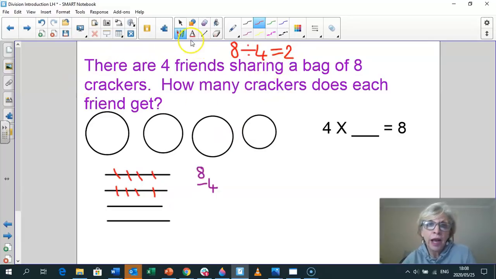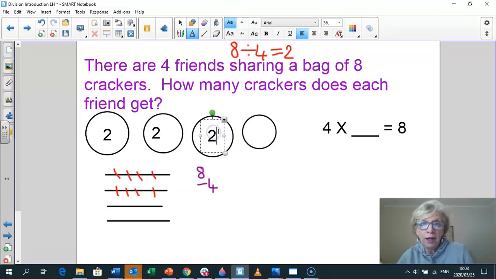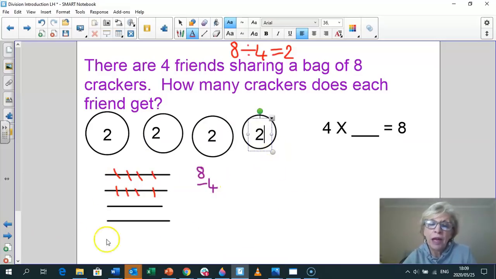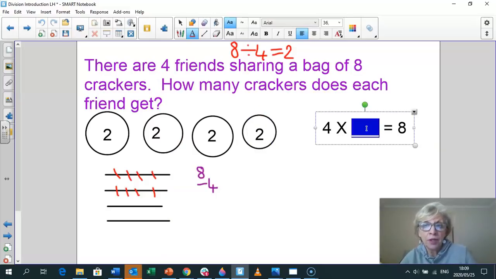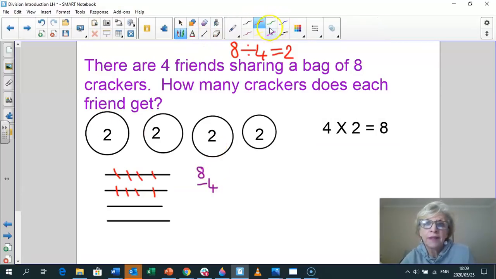Right, so now let's do it by dealing out. 2, 4, 6, 8. 8 divided by 4 is 2. And we also know, because we know our tables, that 4 times 2 is 8. And if I subtract, then what? If I subtract, then I go 8 minus 4 is 6.